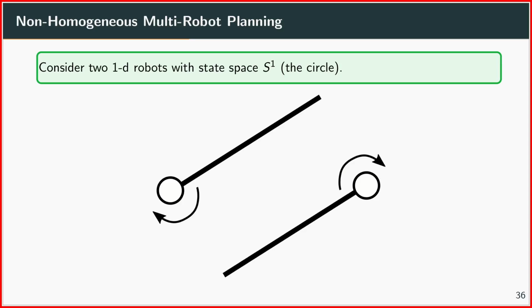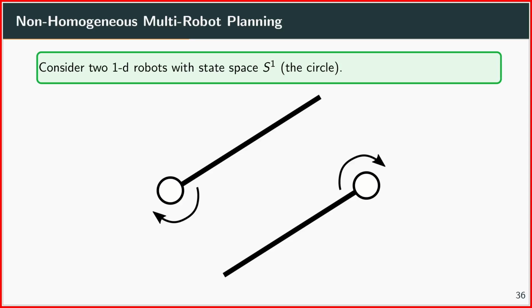So we have here two robots which can just rotate around this point, and they both have this line segment here, and this could be maybe something from a motor or from a factory, and you want to move them in such a way to go from one start configuration to a goal configuration.